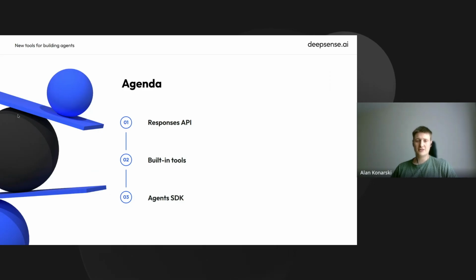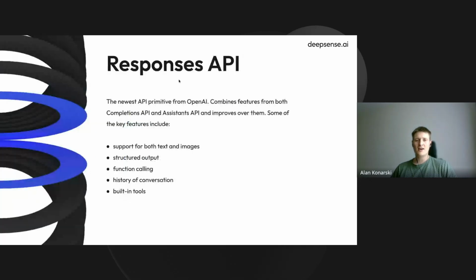We have three of those tools, the first one being the new responses API. Then we will explore new built-in tools, and at the end we will talk about the Agents SDK, which provides a higher level of abstractions to use this responses API and built-in tools. So let's start with the responses API.